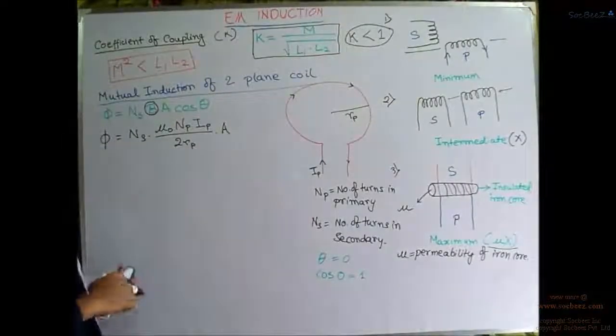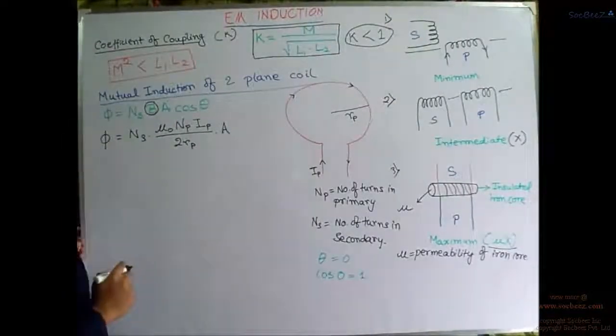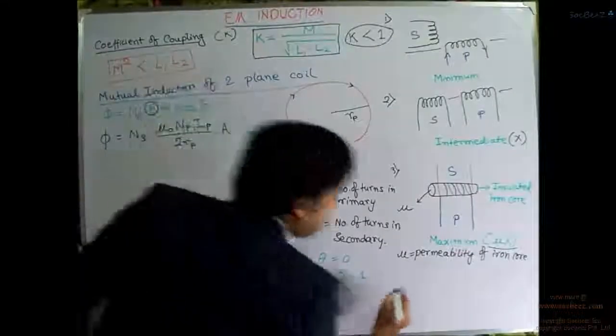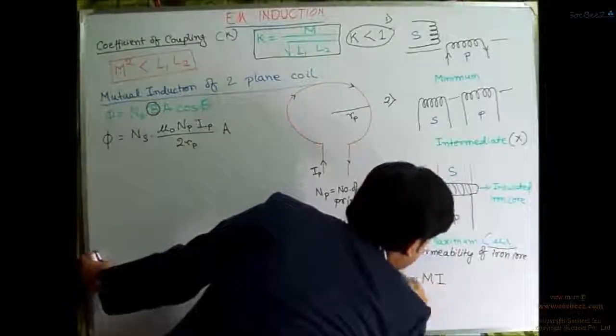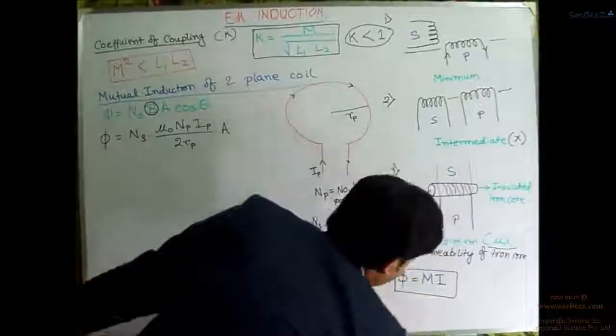Now we also know that phi equals M multiplied by I, right?